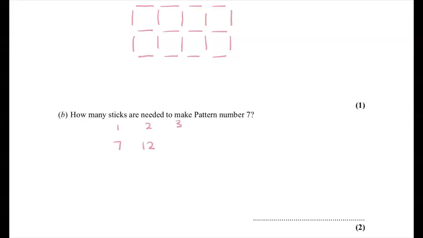And in 3, you'll work out there are 17. Hopefully, you can now start to see a pattern, and that is that they are going up in 5s. We want to find the 7th, so we will just keep adding 5 until we get there. So the answer is 37.